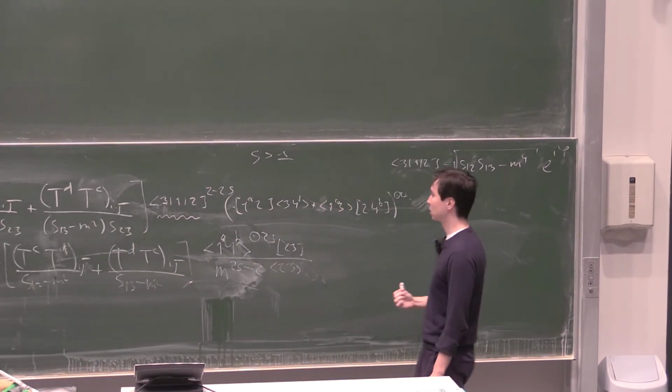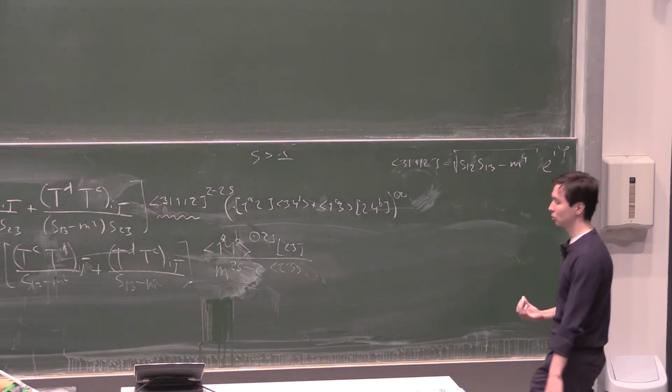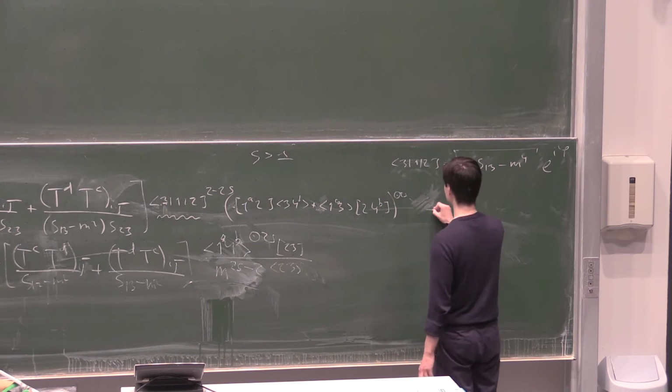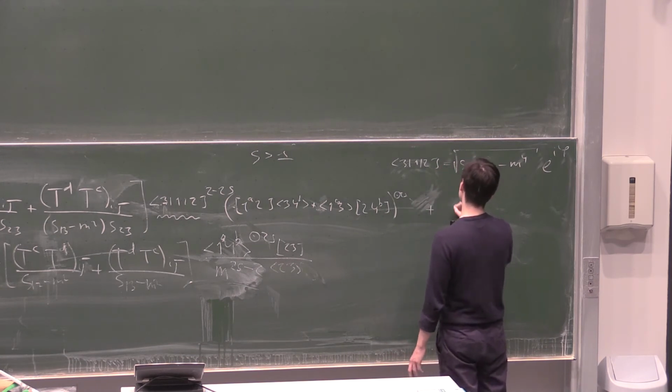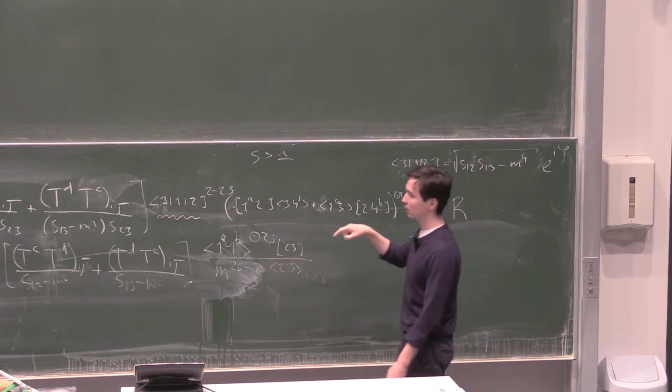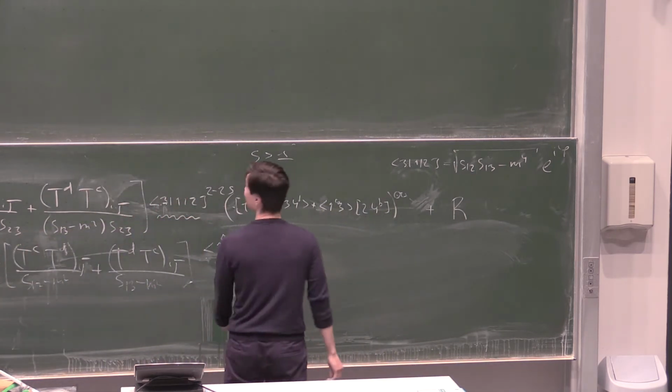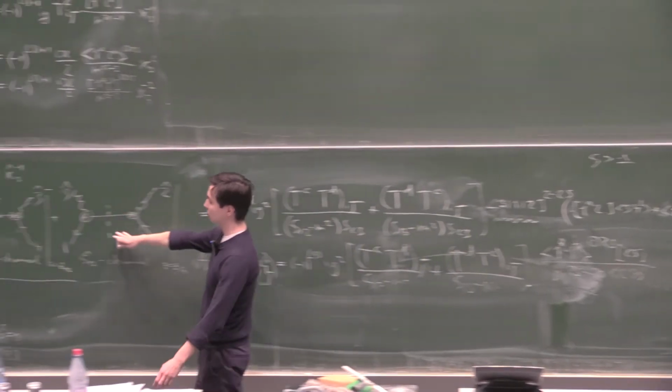This would correspond to adding some piece that is regular on the physical poles, because the physical poles, I want them to match my 3-point channels.